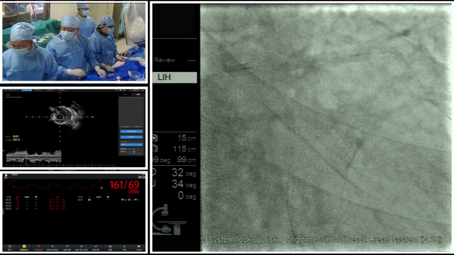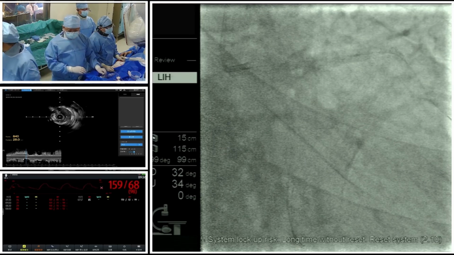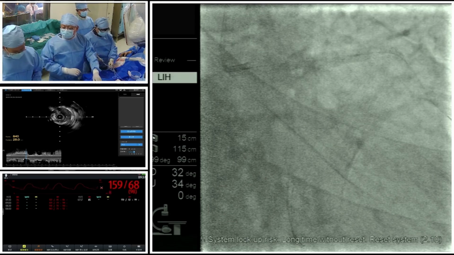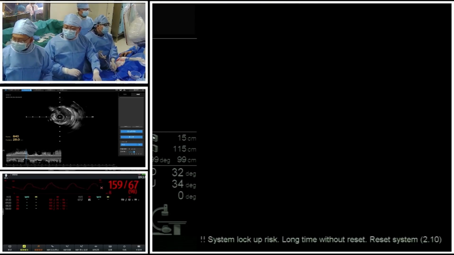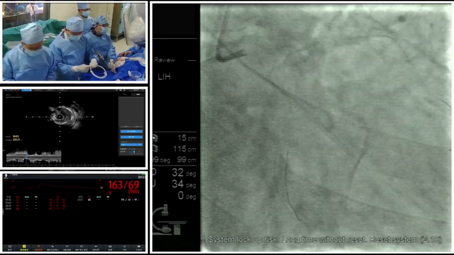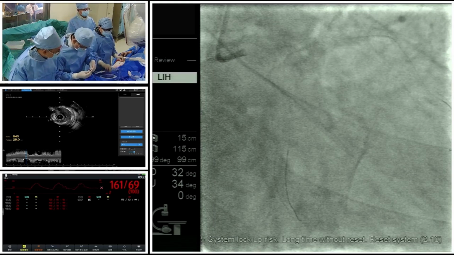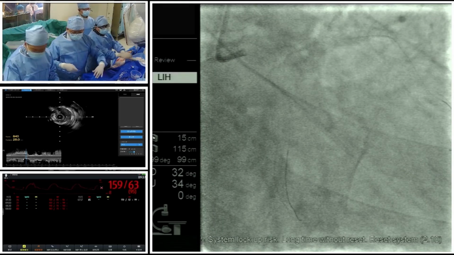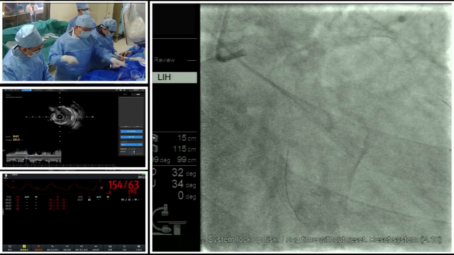So after the first POT, you will do the KBI, even though the ostium of the circumflex looks relatively healthy. Yeah. The post dilation and the KBI will also be performed respectively.